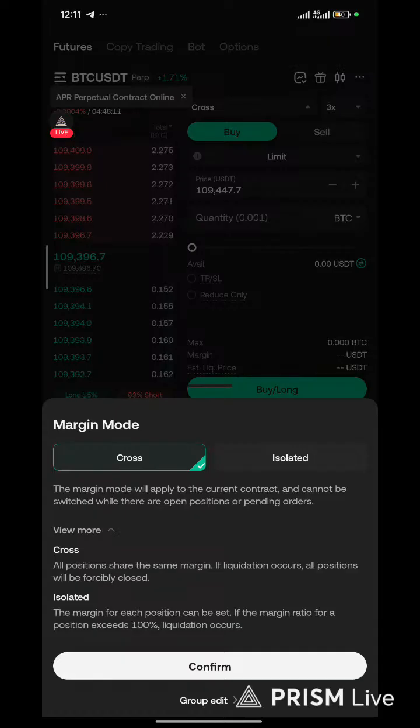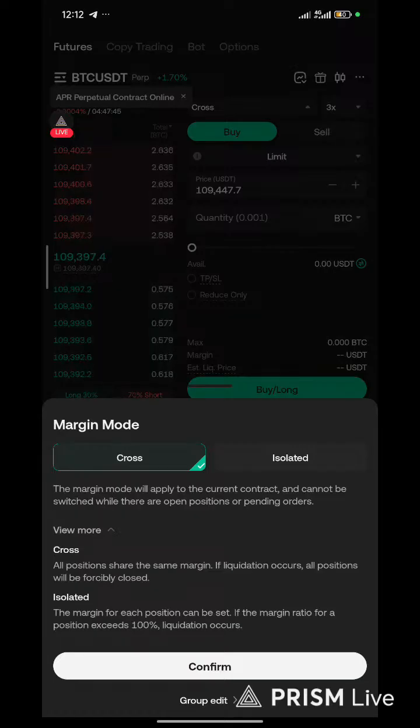We have cross. The margin mode will apply to the current contract and cannot be switched while there are open positions or pending orders. Now, what do we mean by cross margin mode and isolated margin mode? Cross margin mode is a mode in which all positions share the same margin. If liquidation occurs, all positions will be forcibly closed.